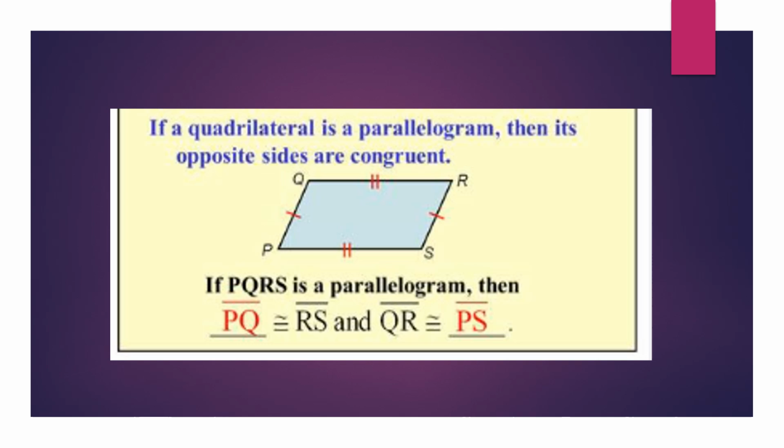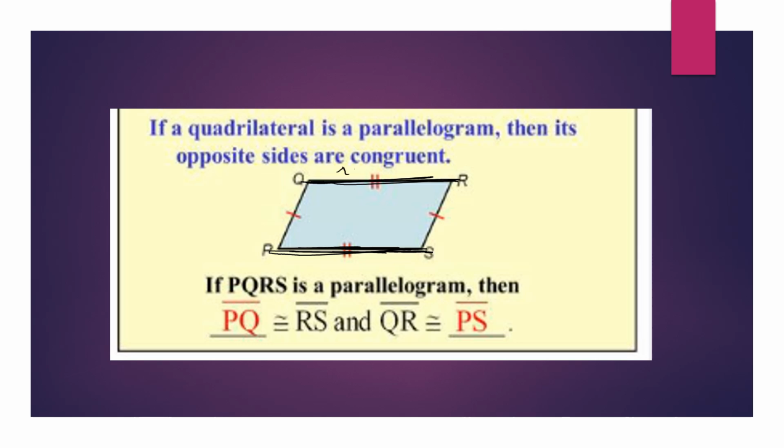We all know that if a quadrilateral is a parallelogram, then its opposite sides are congruent to each other. Here you can see a four-sided figure, which is a quadrilateral, and it could be a parallelogram if this side QR, which is opposite and parallel to PS, is equal to it.